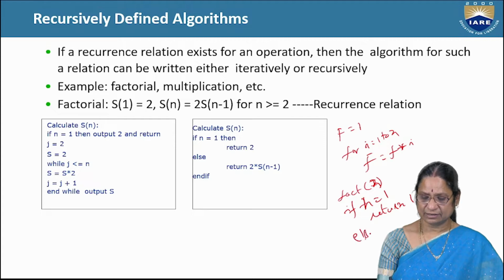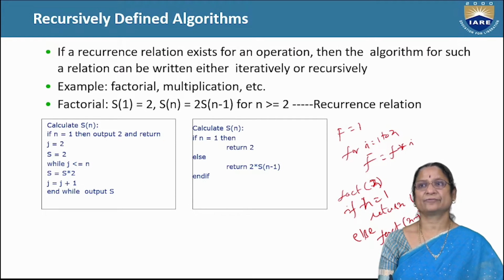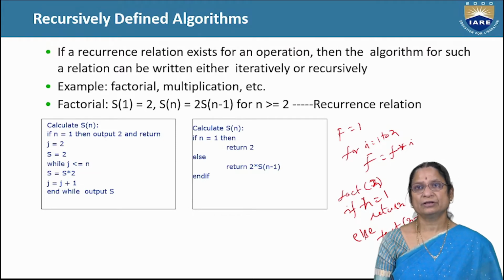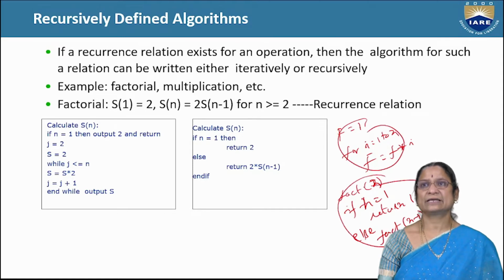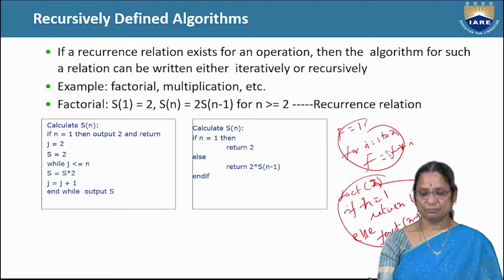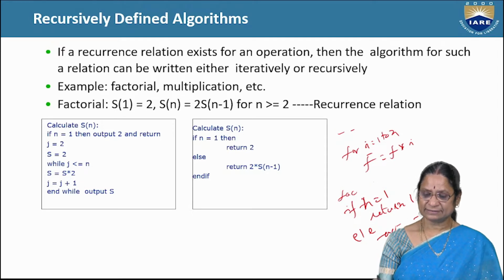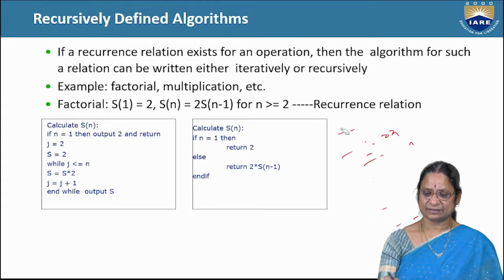Else call itself: factorial of n minus 1 star n. That means this is the iterative procedure, and this is the recursive procedure. Both can be used by us, and both have advantages and disadvantages.